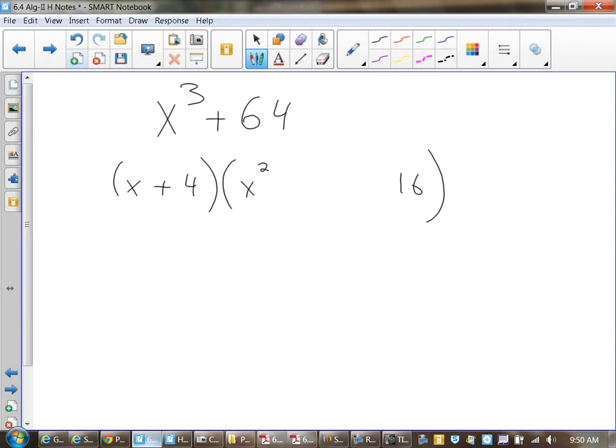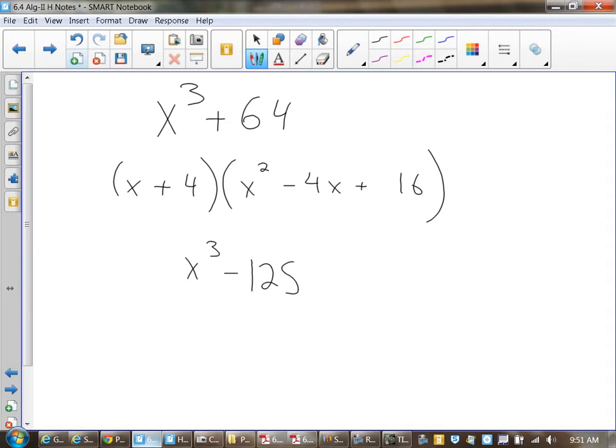And the middle term would just be the 4 times the x with a subtraction symbol. Okay? And then we do the opposite: we have x cubed minus 125. I believe that's 5.